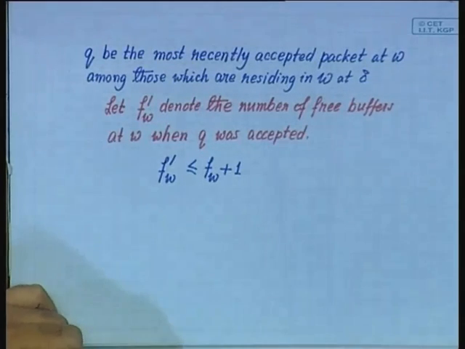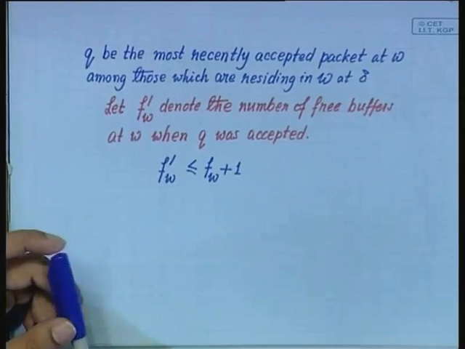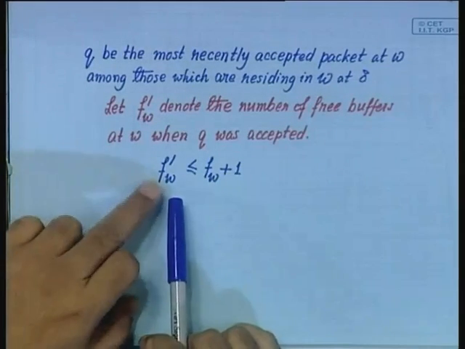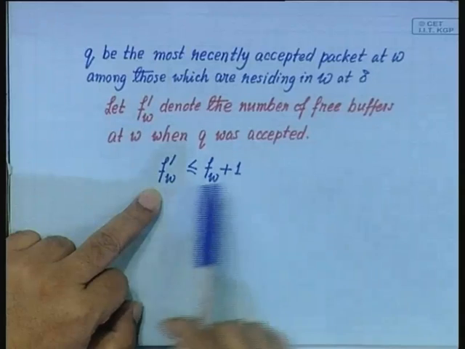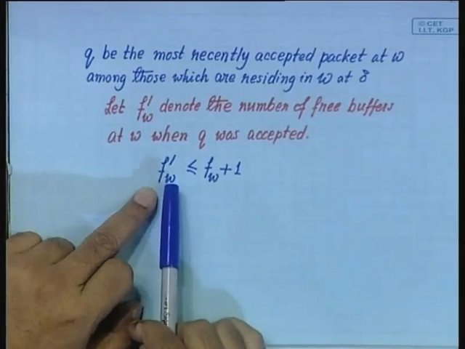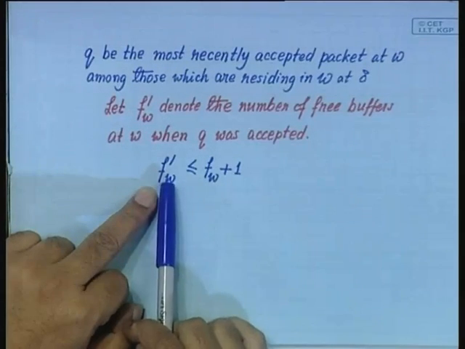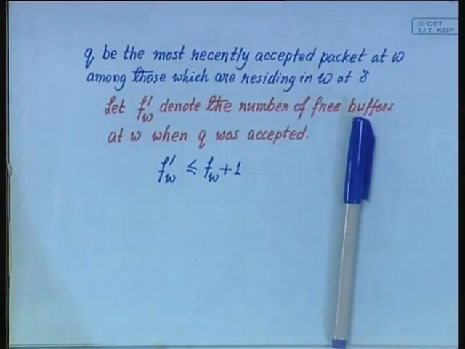This plus 1 is because Q is occupying one of the free buffers in F dash W. F dash W was the number of free buffers when Q was being accepted. Then Q was written into the buffer.